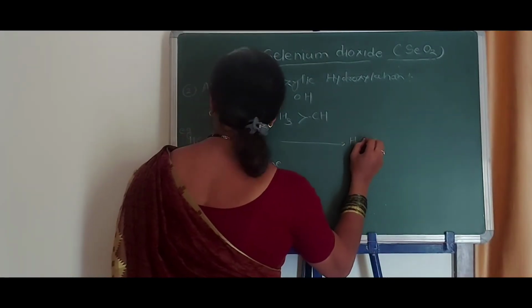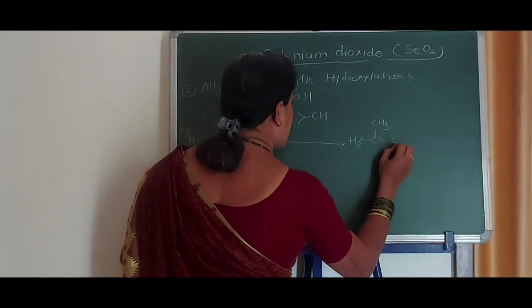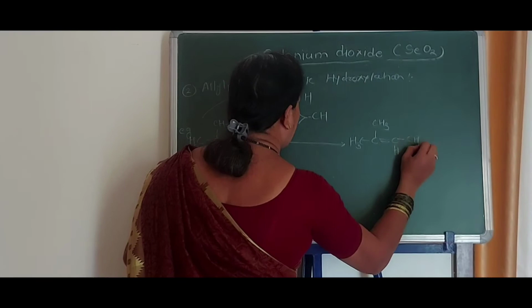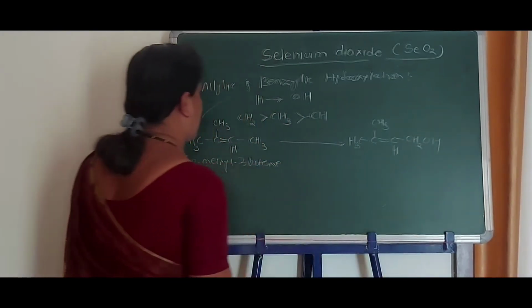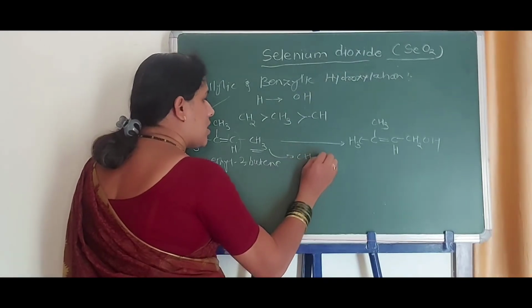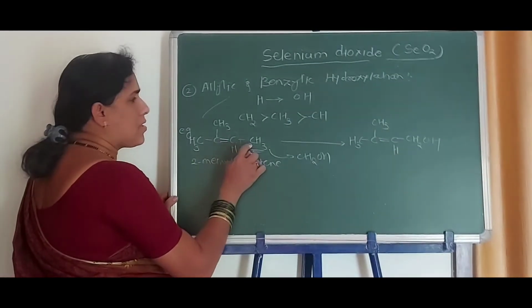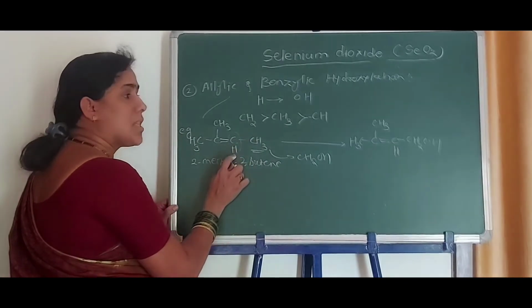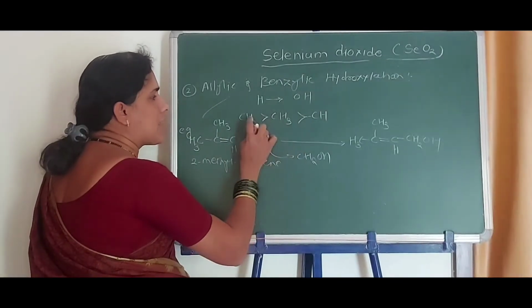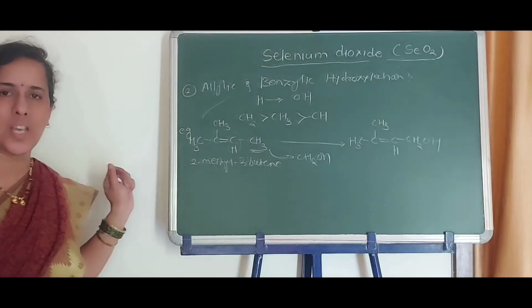The compound formed is CH3, CH, and here CH2OH. Only this CH3 group is converted into a CH2OH group. Although CH3 and CH are both present, the order of priority is CH2, CH3, CH. Therefore we have to consider this CH3.